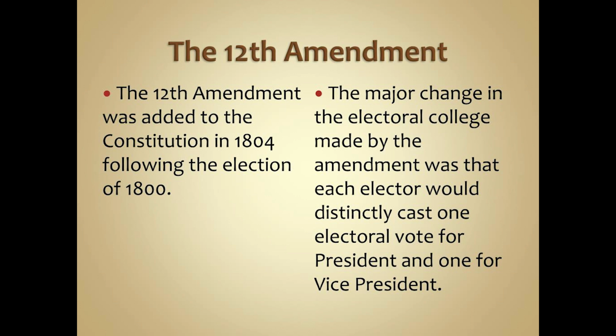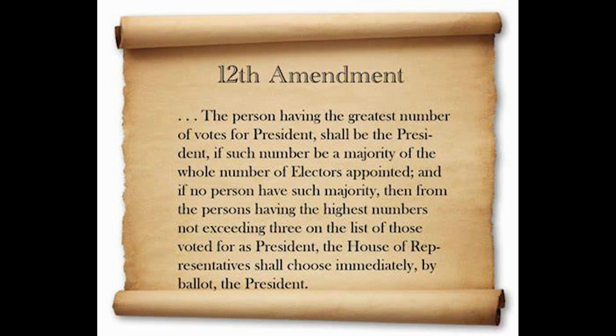The Democratic Republican Party, learning from the mistakes of 1796, planned to ensure Thomas Jefferson became president and Aaron Burr became vice president by having one elector cast a vote for a different candidate. However, that plan failed, resulting in a tie between Jefferson and Burr, with both receiving 73 electoral votes.